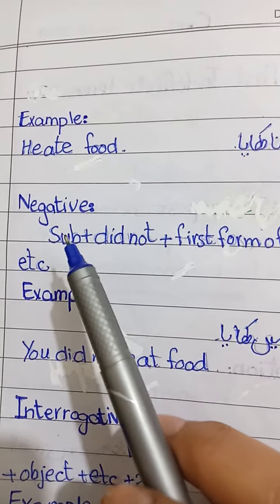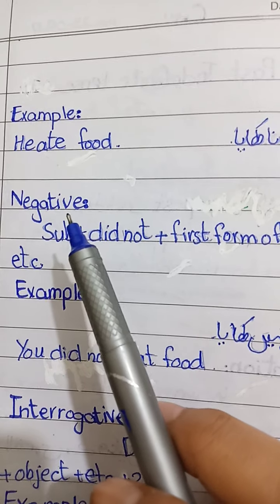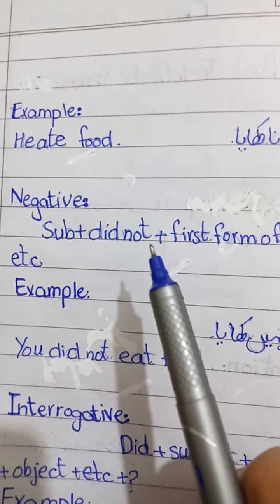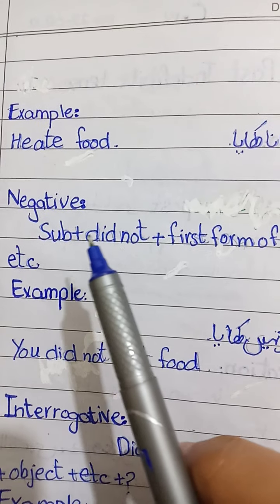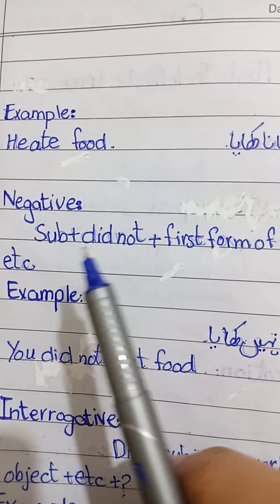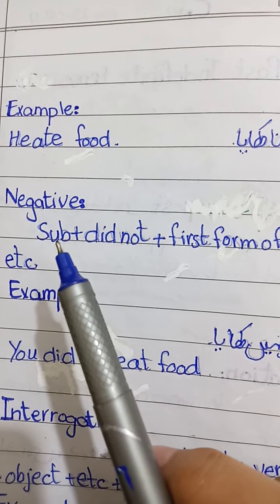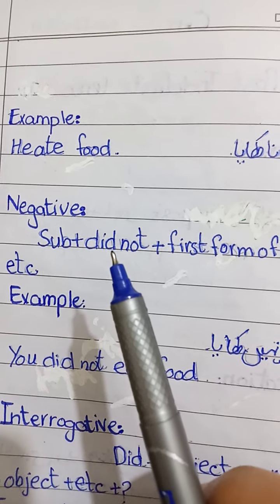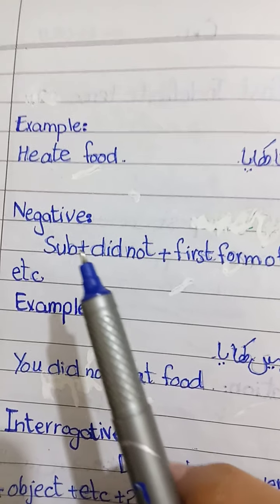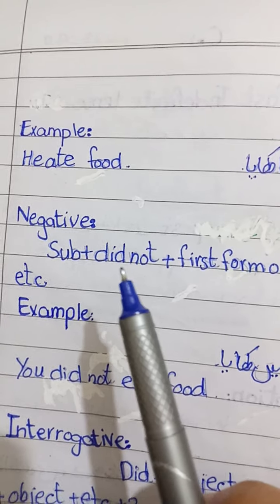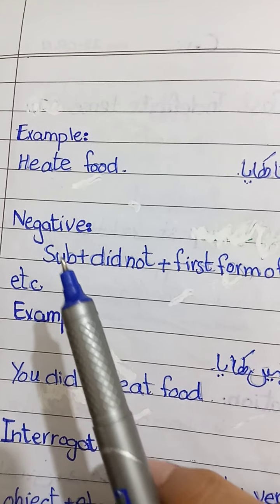Then we come to the formation of the negative sentence of past indefinite tense. In negative, we use not, but according to the tense, we have some rules and regulations. When we are going to translate the past indefinite tense and the sentence is negative, we will use did not in place of not.